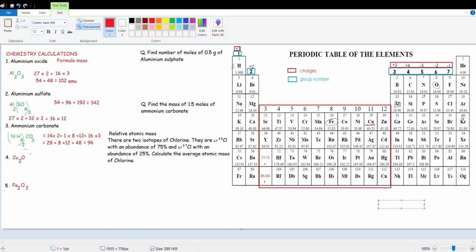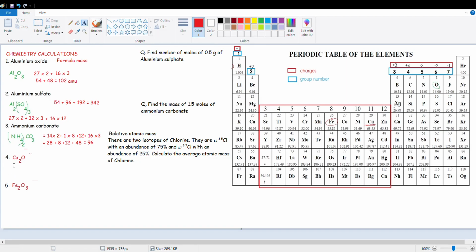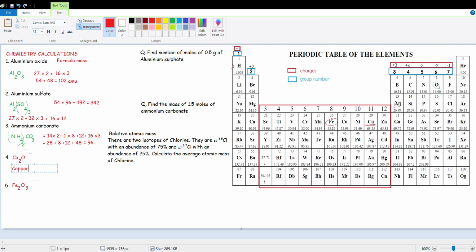Now quickly, we use these values to go to the next question. Before, I explained how to find ionic compound formulas, but let's see these two questions. If the question comes the other way around and they ask you to write down the name, you know Cu is copper, so I write copper, but copper does not have any group.